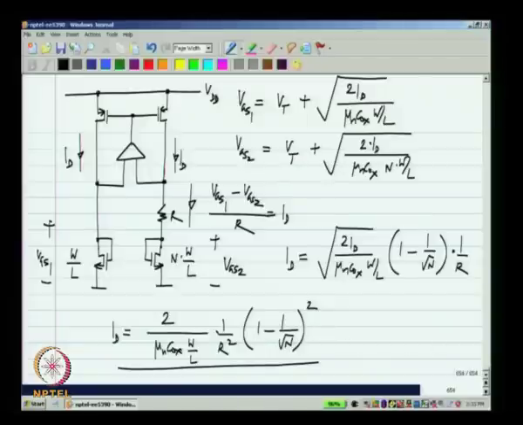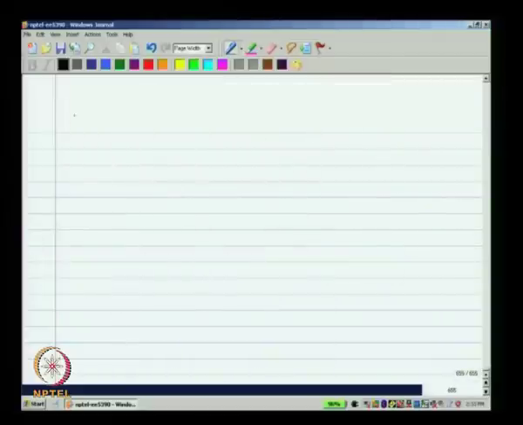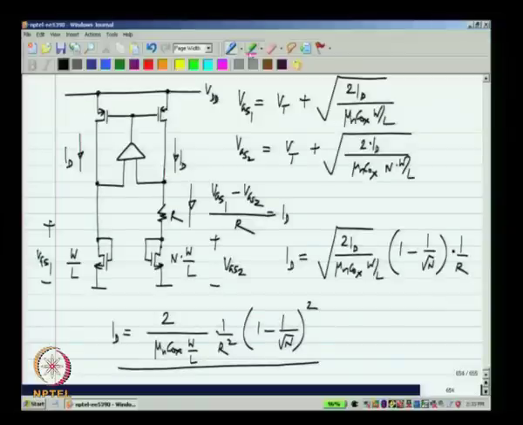So, you can adjust n to be let us say 4 or something and then you will get some number over here. Now, the point is that if you bias a MOS transistor using that, by the way here we are talking about an NMOS transistor because this VGS difference that we have taken is with the NMOS transistor. With the PMOS transistors we will have mu p's here and it will be different.